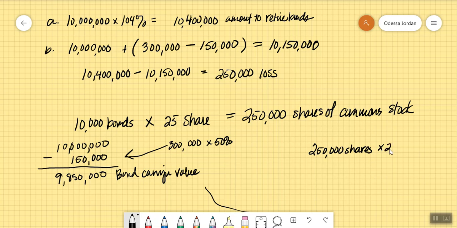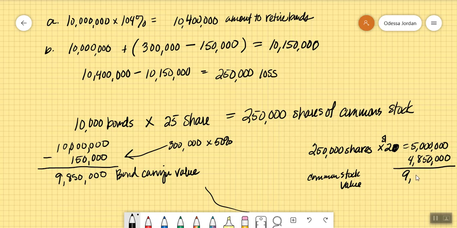And we multiply that by $20 each, and that gives us 5 million. So then the additional paid in capital they're talking about is 485,000. And when you add that all up together, it comes up to 9,850,000.